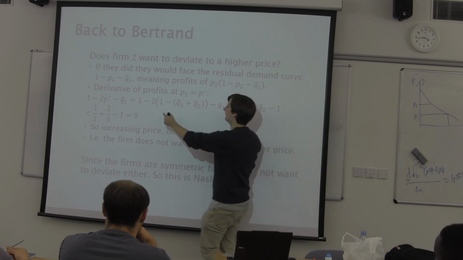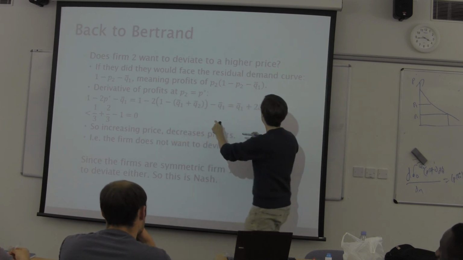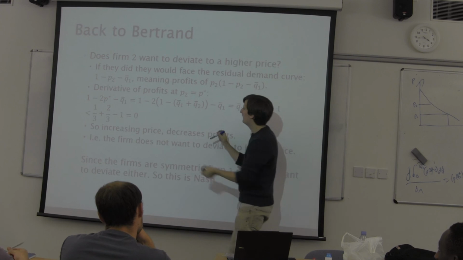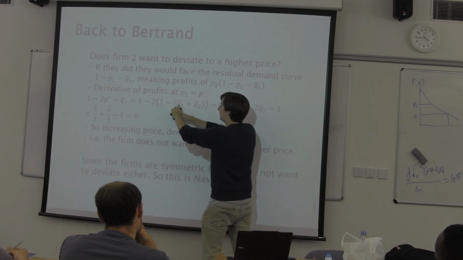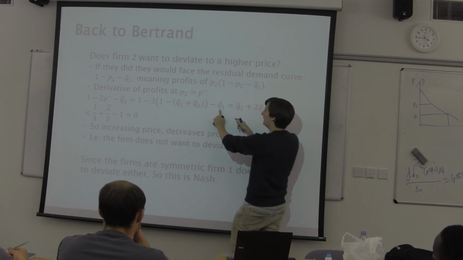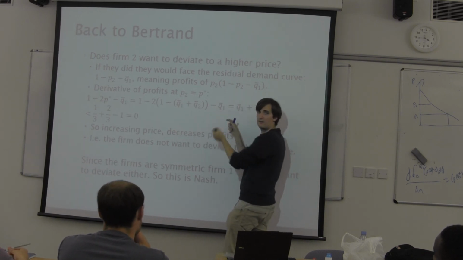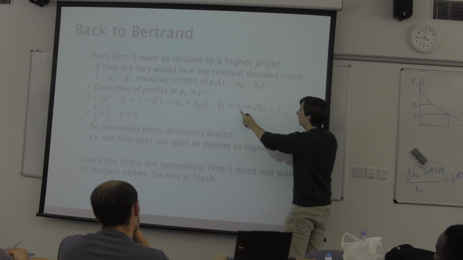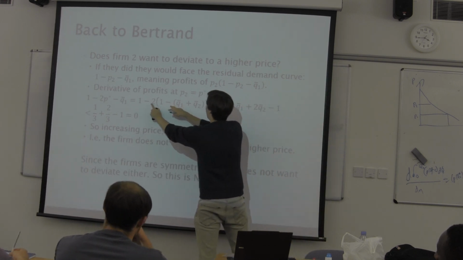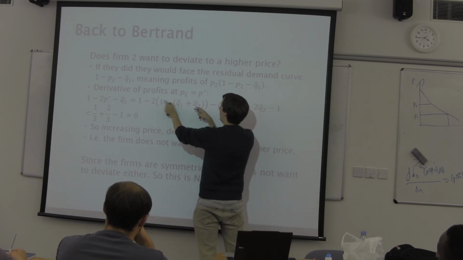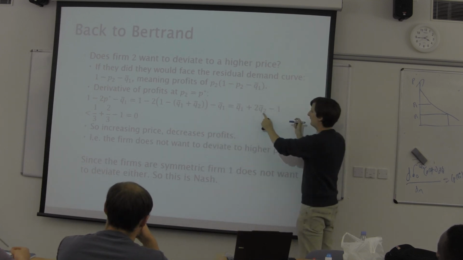And so we've got 1 minus 2, so that becomes minus 1. We've got minus 2 times minus Q1 bar, so that's 2 Q1 bar minus Q1 bar, so plus 1 Q1 bar. And then minus minus is making a plus, so we've got plus 2 Q2 bar.